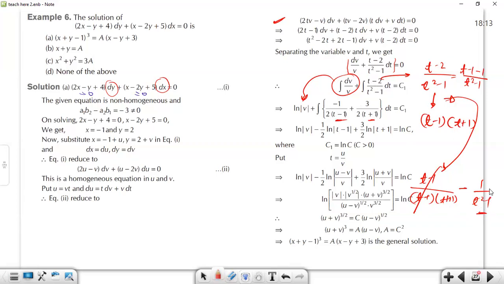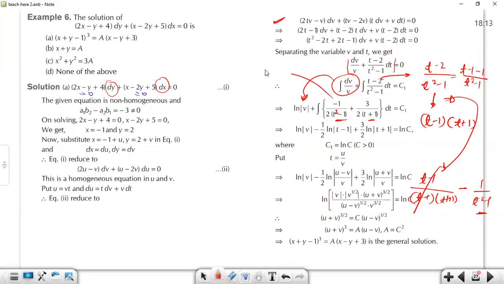And this will be further solved as we have done till now. There is a mistake in writing over here. It should be like this.